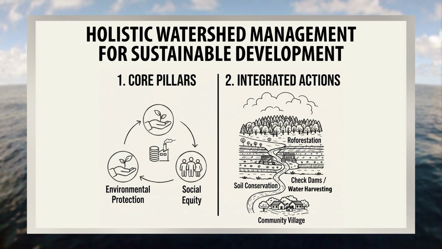Watershed management is a holistic approach to manage land, water, and vegetation within a drainage basin to achieve sustainable development. With increasing climate variability and extreme weather events such as floods, droughts, landslides and heat waves, integrating disaster management and climate resilience into watershed management has become essential.